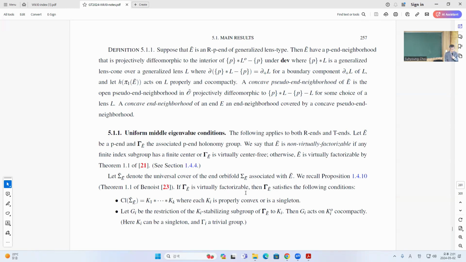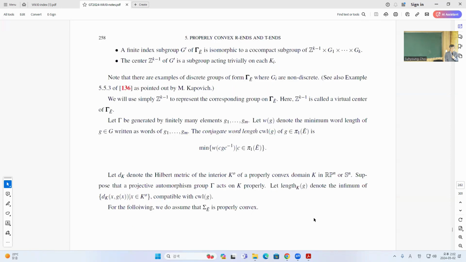So if it's factorizable, then this sigma is just going to be a join of some properly convex domains, and then these act on this group co-compactly, but of course the quotient may not be Hausdorff here.